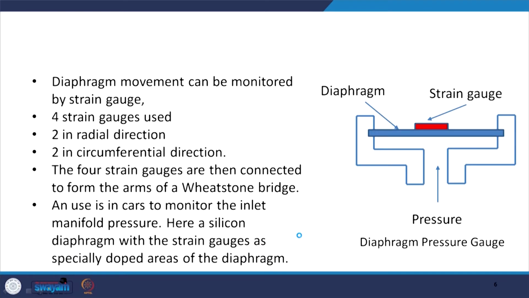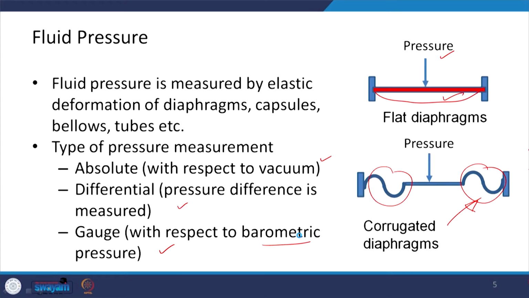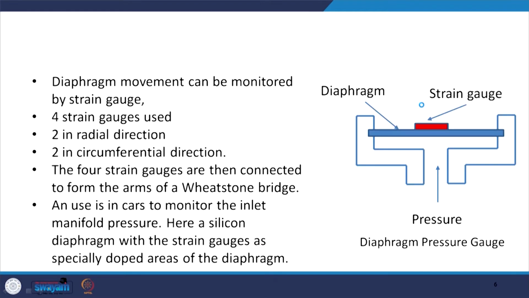Now, as I said, the pressure is measured by the movement of the diaphragm. The question is, how do we measure the diaphragm movement? If we can measure the diaphragm movement, we can measure the pressure.